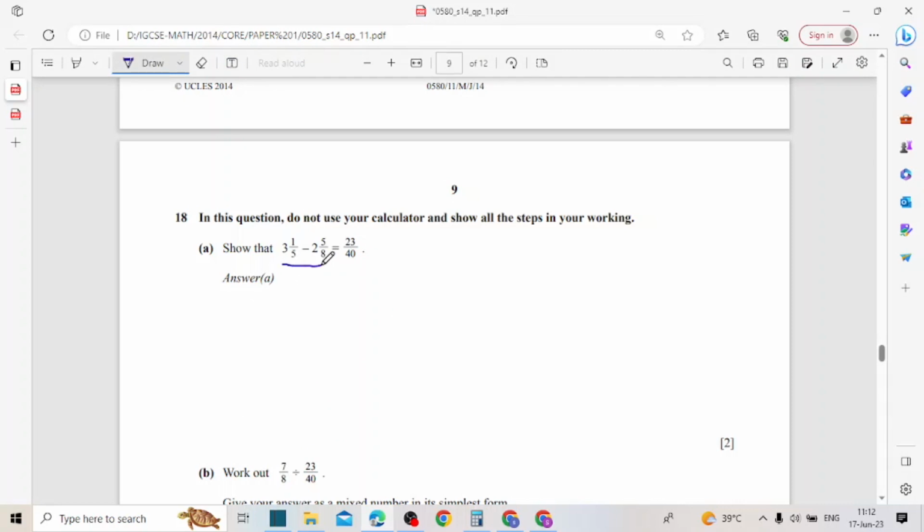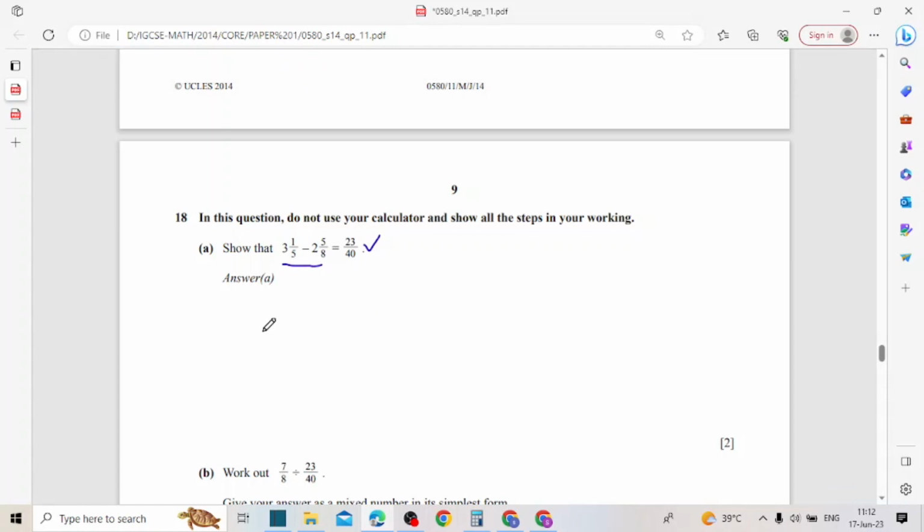So when we simplify this, we should get this. Done? Okay, let's start. First, note down in the form of steps.